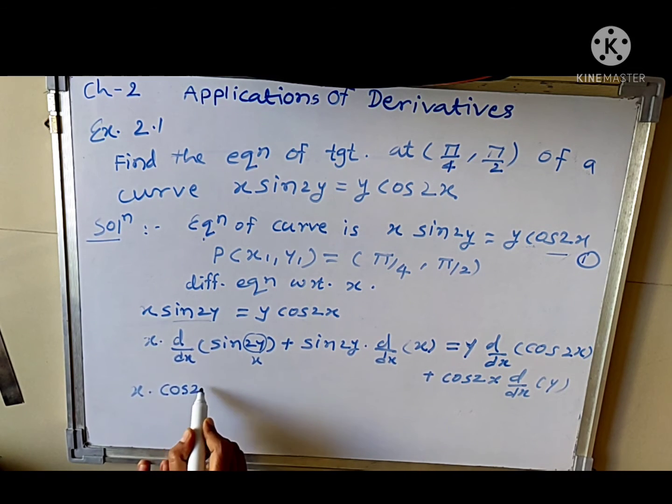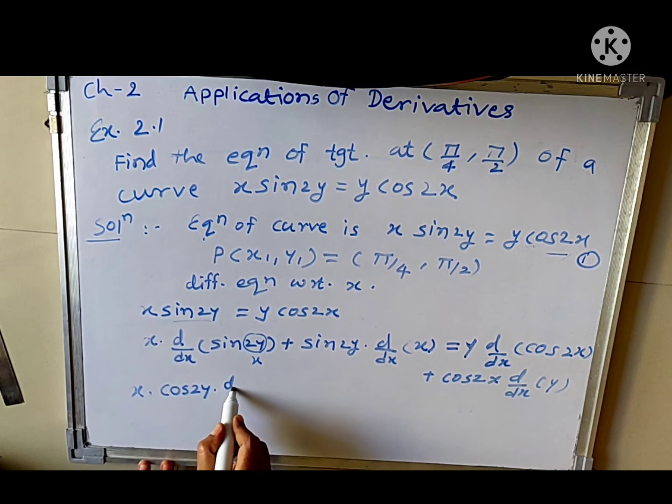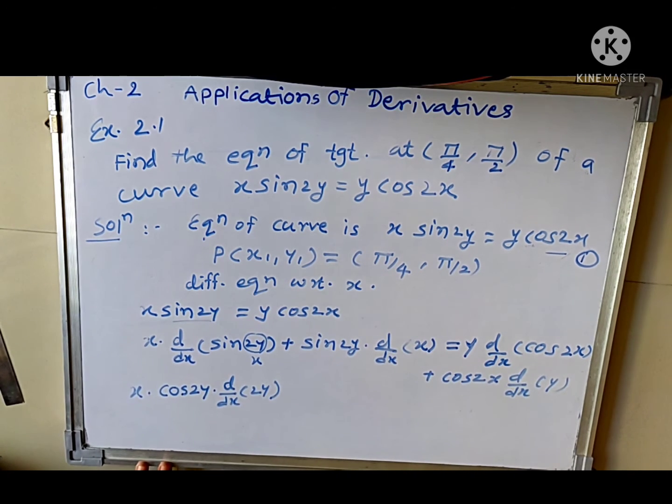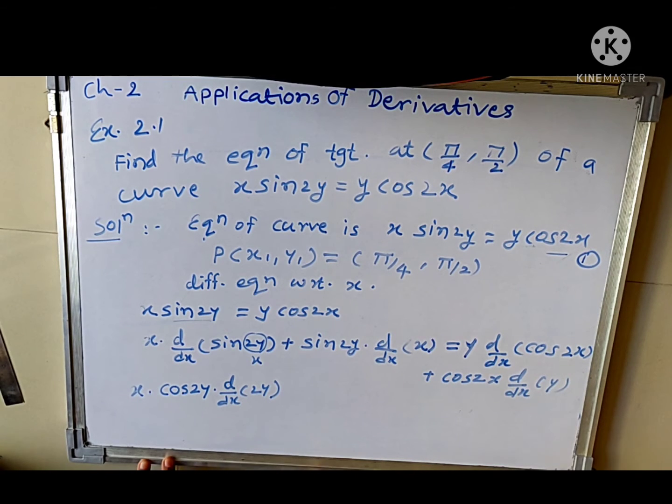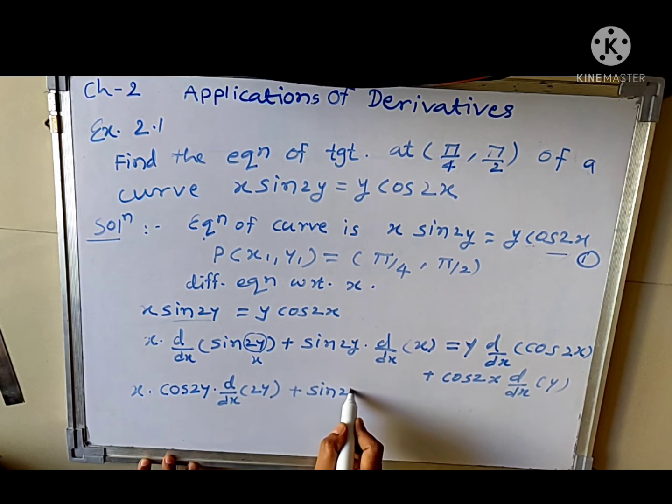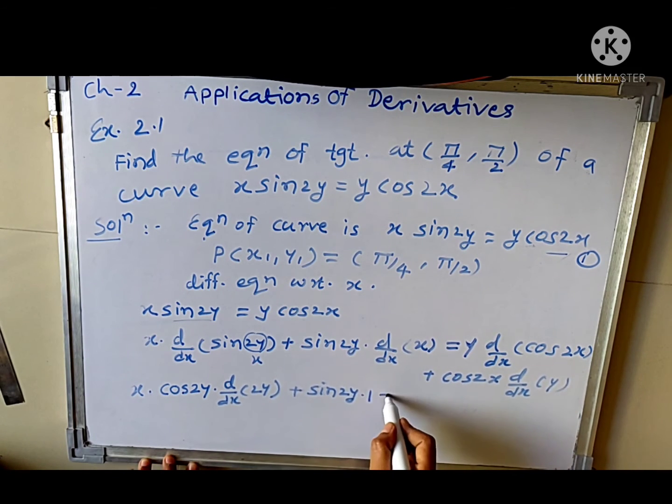But x means 2y, into d by dx of 2y. It is a composite function. Then plus sin 2y, derivative of x with respect to x, that is 1.